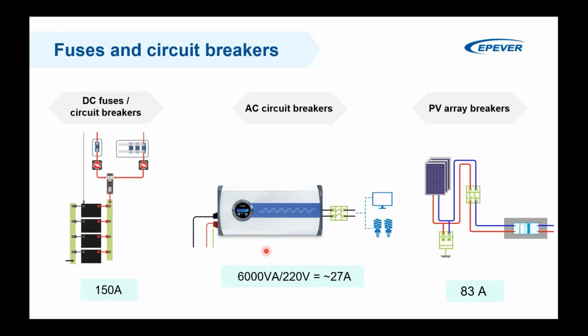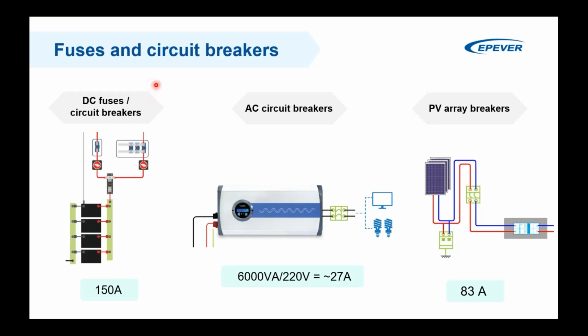For the AC circuits, the circuit breakers are located near the entry point of the external AC power. It could be a generator, or it could be a power grid. So if your system supports it, for example, consider that you have a hybrid device here.